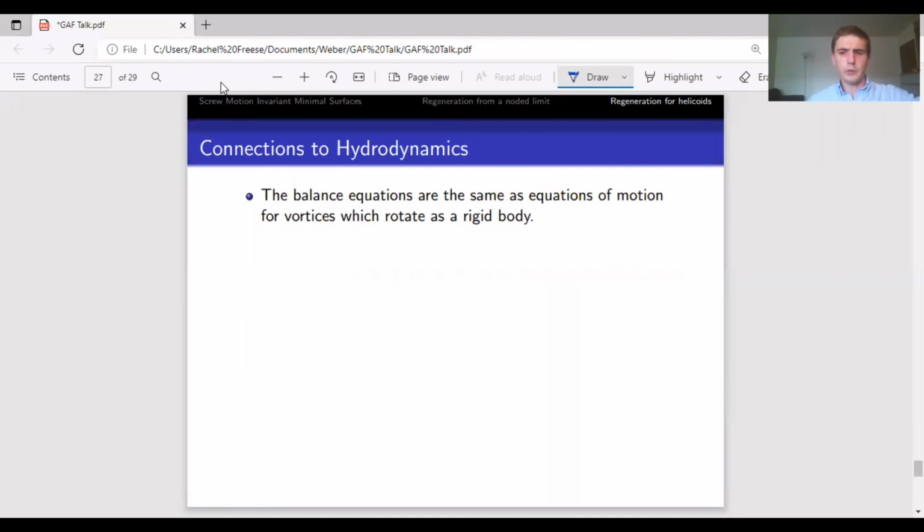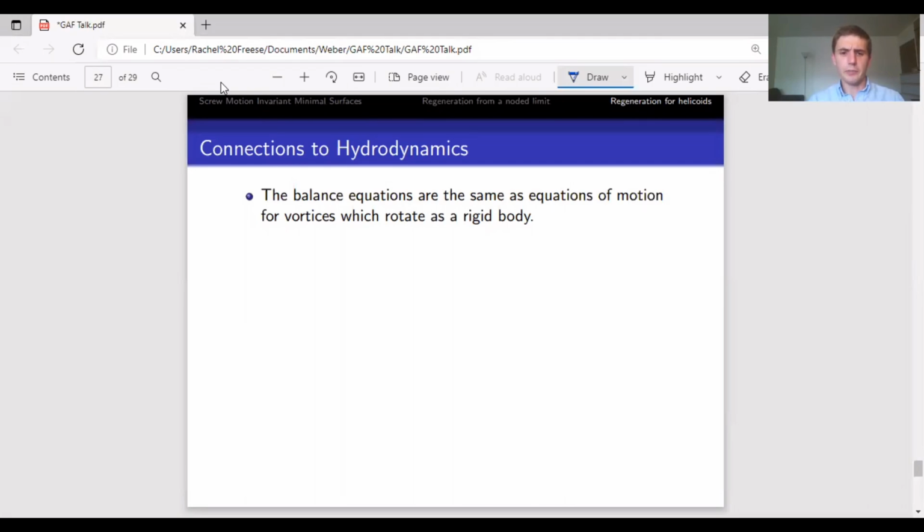So it turns out these balanced equations are actually the exact same as some of the ones you end up with when you're studying vortex equilibria. I'm not a physicist, so I don't actually know too much about what all that is, but you do end up with the same equations, right?